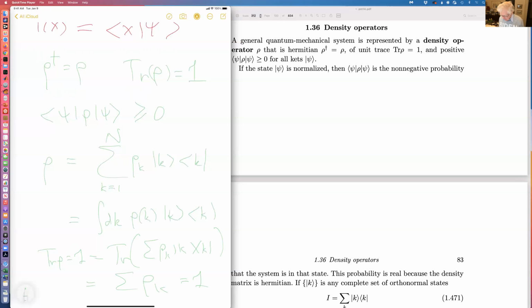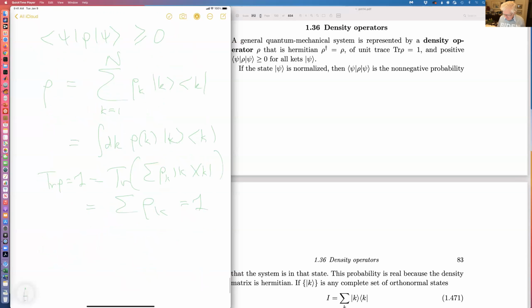The statement that the trace is 1 means that the system, if you measure it, is always found to be in one of these eigenstates, or at least the sum of the probabilities is unity, because the system must be found in some of the states. So there's a probability of, for example, 5% in state 1 and 15% in state 2 and so forth. And they all have to add up to 1.